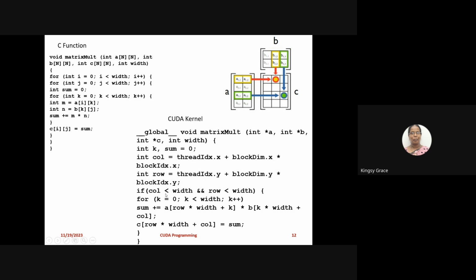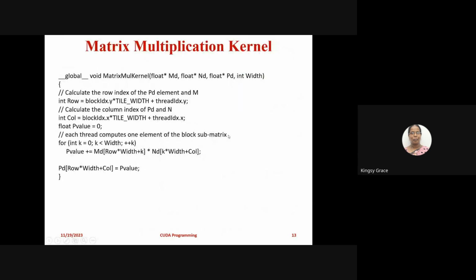After that, you have to verify whether the column is within the width and the row is within the width. Then you multiply row and column and add them together. That is done with the help of this formula. So this is a GPU kernel.